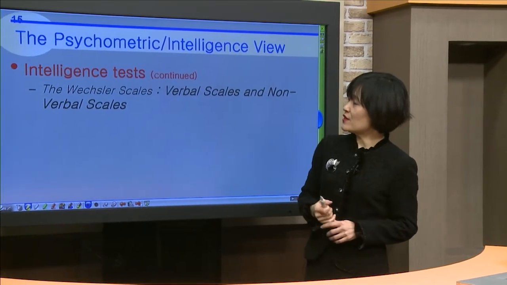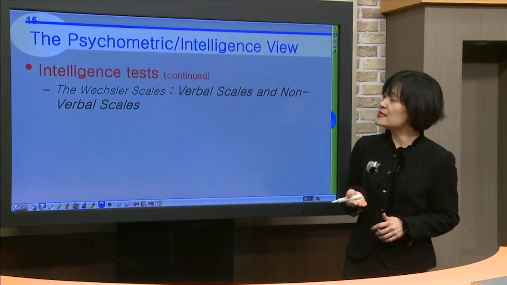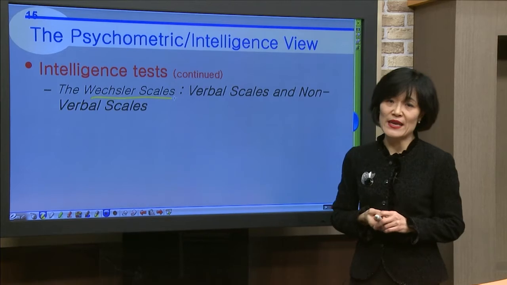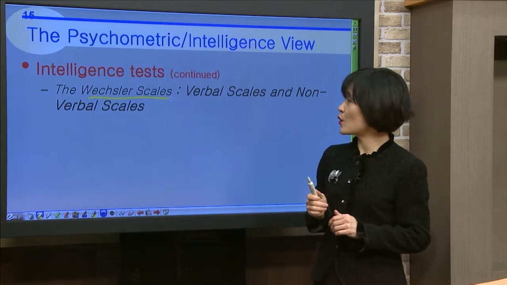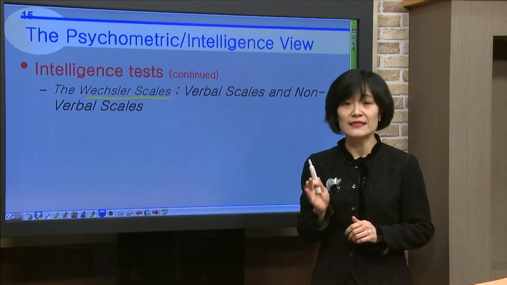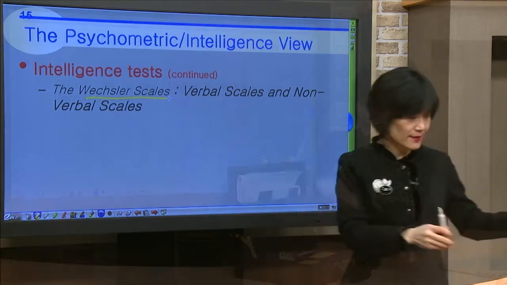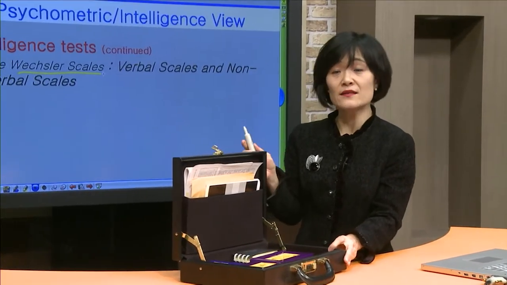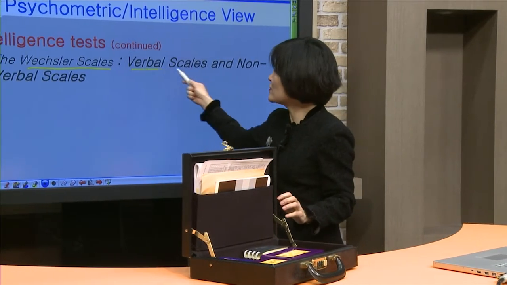And one of the most widely used these days is the Wechsler scales, after the Stanford-Binet. And I want to show the Korean Wechsler intelligence scale today. There are two parts of the Wechsler scale. The first scale is a verbal scale.